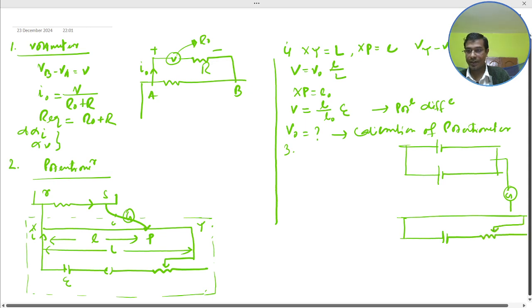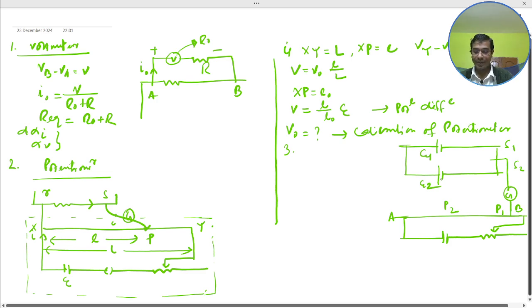This is coming in here. This is battery 1, S1, S2, galvanometer. These points are P1, P2 and A, B. This is epsilon 1 and epsilon 2.